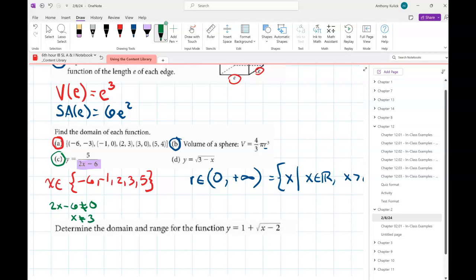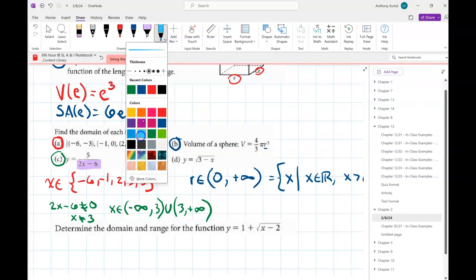So how do I write everything except for 3? Well, I start at negative infinity, and I go to 3, but I don't include it. And then I restart at 3, but don't include it, and go up to positive infinity. Is everybody okay there?